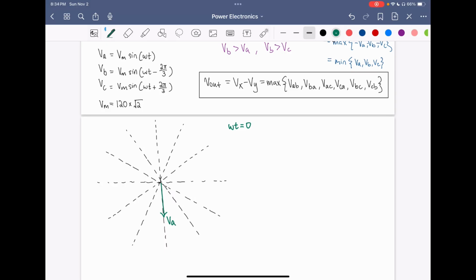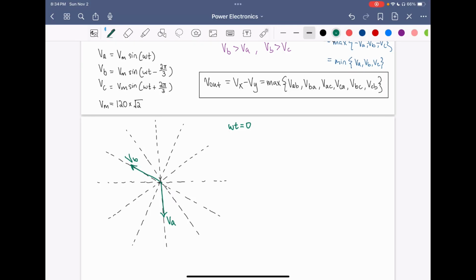Now, if we were to spin this phasor around counterclockwise, later at omega t equals pi over 2, VA is going to land right on the real axis, giving us 1. So this is the accurate representation of Vm sine omega t. Now VB is delayed by 2 pi over 3, so it's going to be represented by a phasor that looks like this.